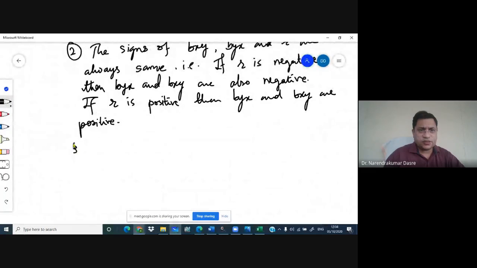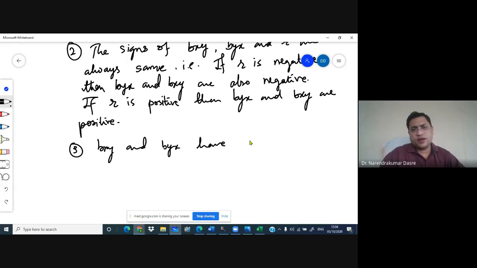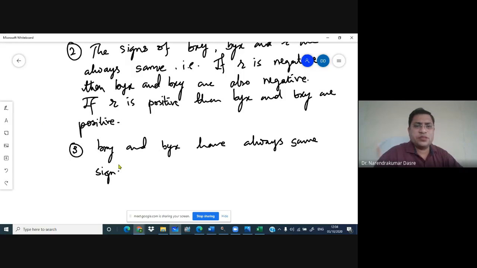Third, you can say Pxy and Pyx always have the same sign. So this pair will also always have the same sign. This triad will also always have the same sign.